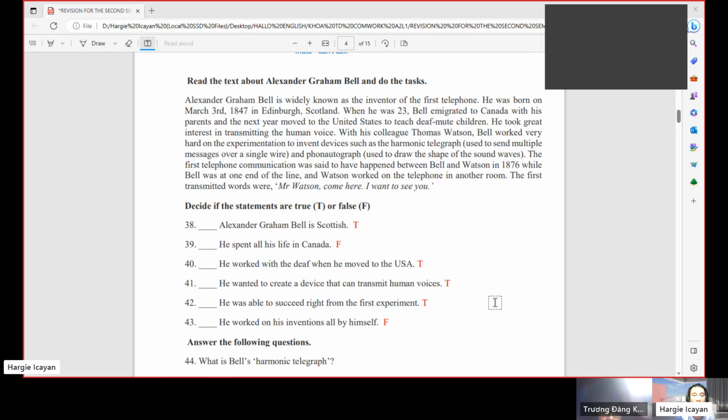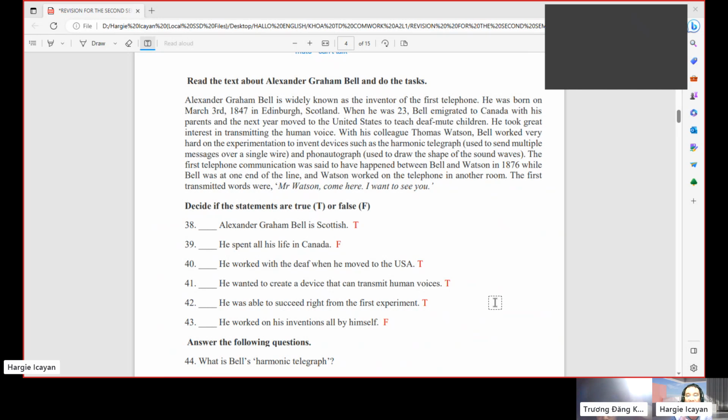Yes, so not just only in Canada, right? Actually, he was born in Scotland. When he was 23, he migrated to Canada. Then after that, he moved to the United States. So there were three countries that they went to, right?